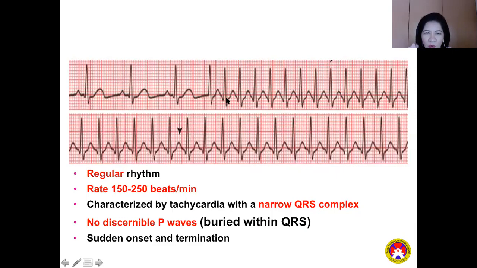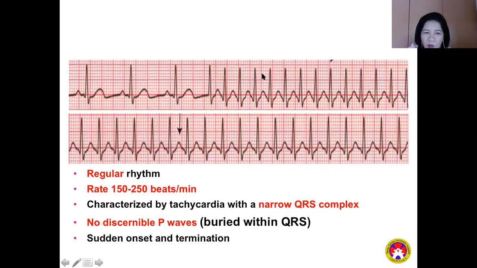It is narrow, but if you check, there is no P for every QRST complex. So when you see a regular narrow QRST complex without a P at a rate of, if we get the rate here, this is 300, 150, so this is more than 150.